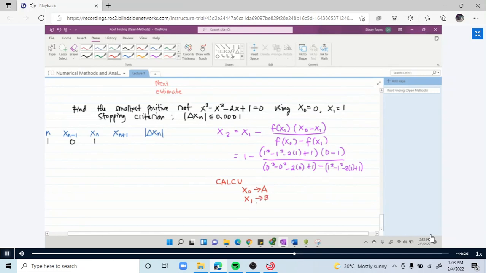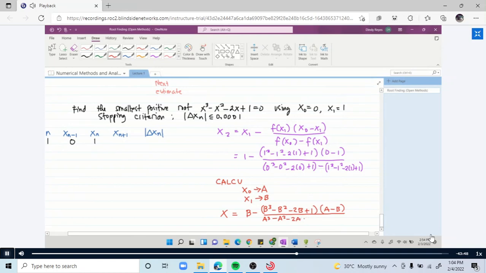Type this exactly like this in your calculator: x equals, our x sub 1 is B, minus b cubed minus b squared minus 2b plus 1, times a minus b, all over a cubed minus a squared minus 2a plus 1.